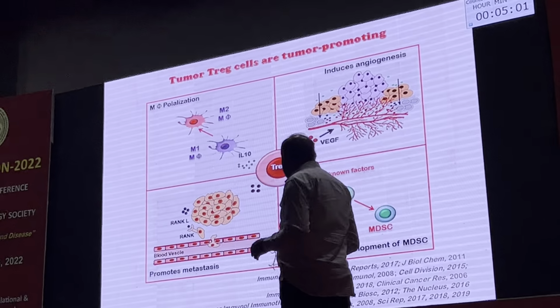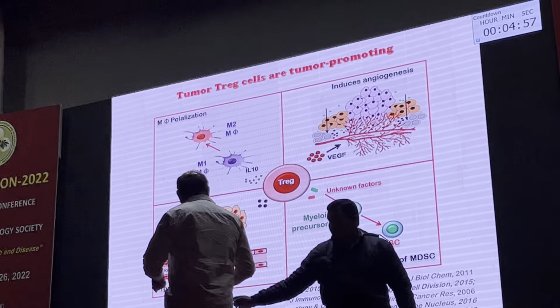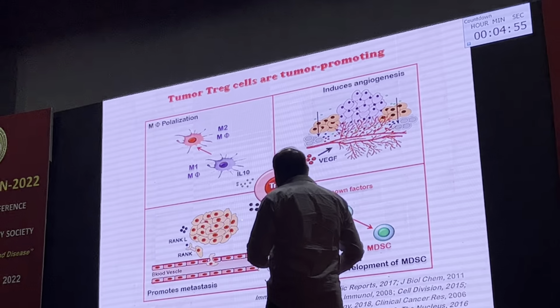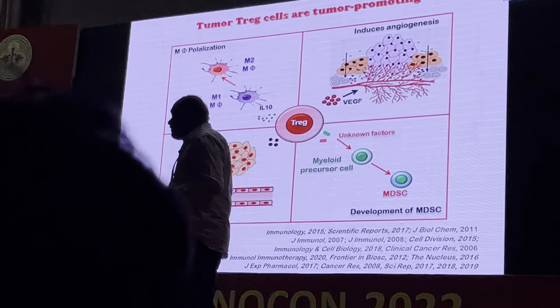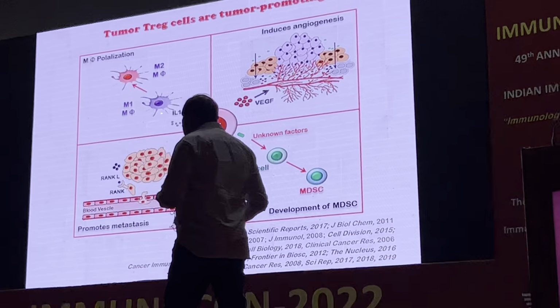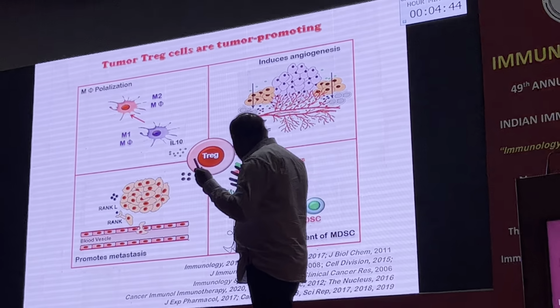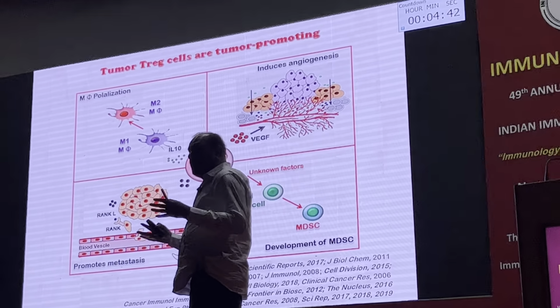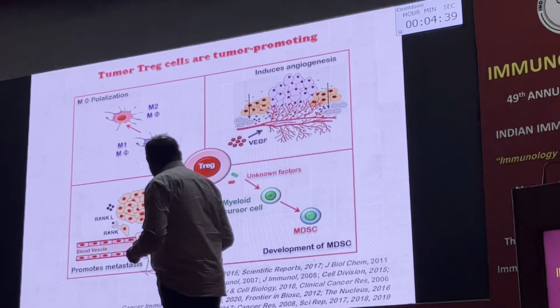Not only that, they are so aggressive. They produce lots of RANKL-type proteins, which cause tumor metastasis. They produce lots of VEGF, which causes neoangiogenesis. This is the reason behind the tumor becoming more aggressive.